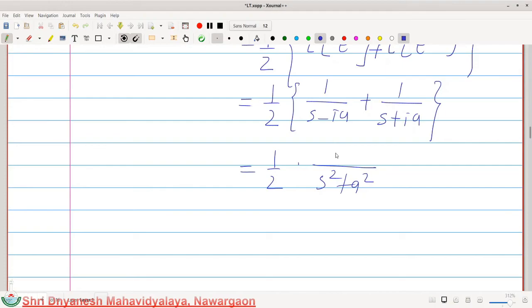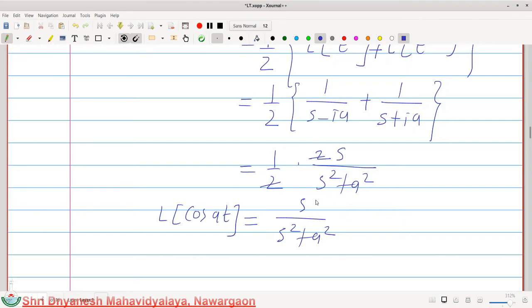And what will be in the numerator? 2s. Okay. So here 2 will get cancelled, and the final transformation of cos at is s upon s square plus a square.